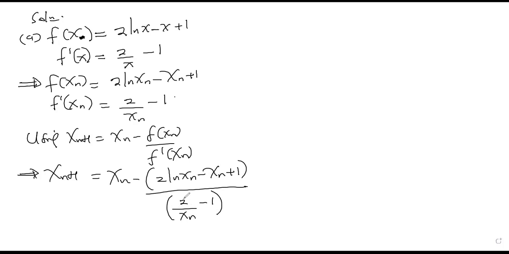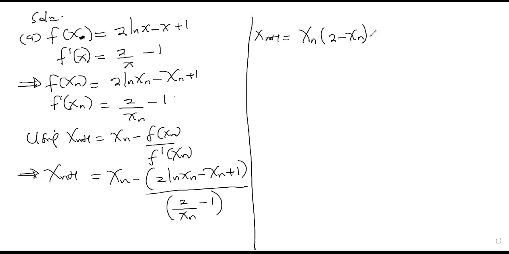Of course, when you work it out, the LCM will be xn, so it will move up and you will be left with 2 minus xn down. So xn plus 1 is xn, times xn into 2 minus xn, minus xn into 2 ln xn, plus xn minus xn, then plus 1. Everything is over 2 minus xn.